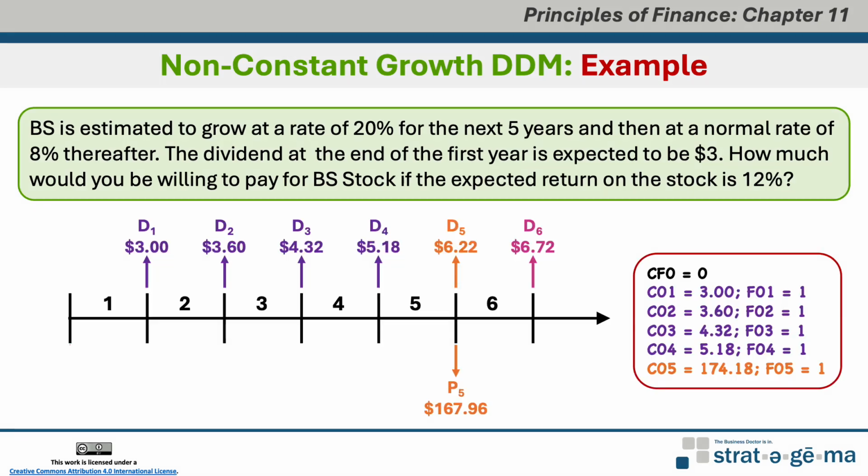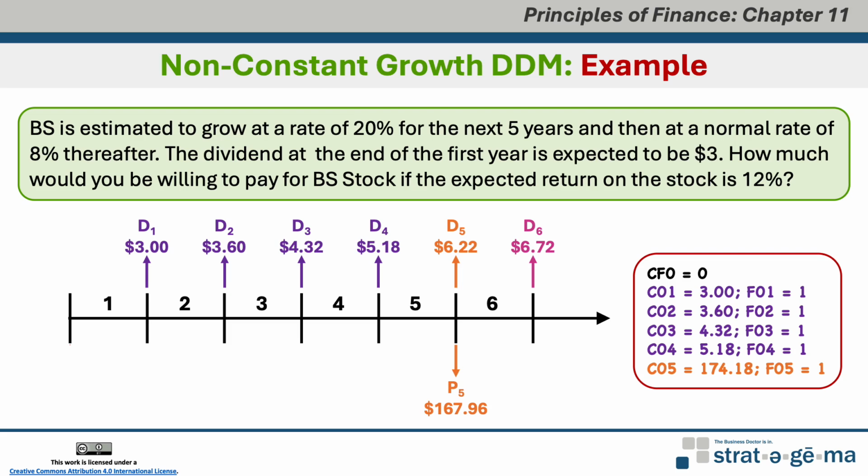So using your cash flows, CF0 is 0. C01 is a $3 dividend for one period. C02, 3.60 for one period. C03, 4.32 for one period. C04, 5.18 for one period.